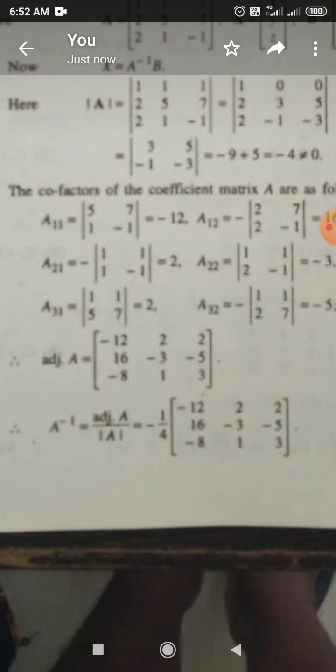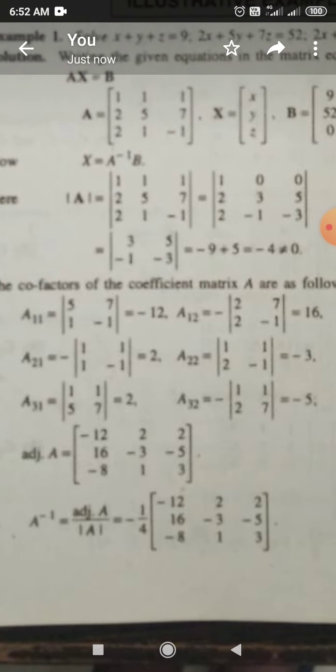A21 is equal to minus, because 2 plus 1 is equal to 3, it is an odd place, so a minus sign will be imposed before the determinant of the remaining values, that is, except the column and row of A21, and similarly you can find all 9 cofactors here.